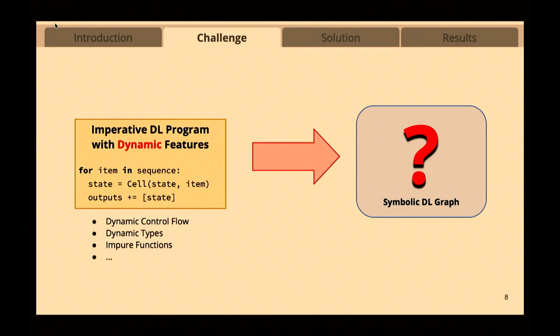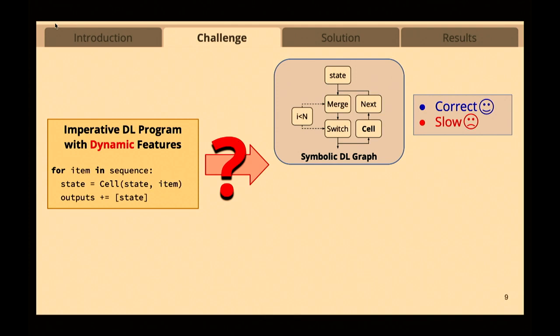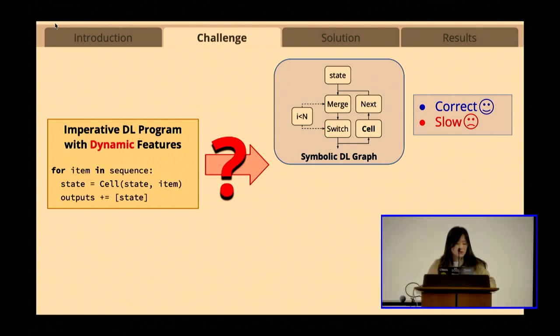Here we have a challenge, however. The conversion process is not trivial when we consider imperative programs written in Python with dynamic features like dynamic control flow, dynamic types, or impure functions. First, we could generate a graph that exactly follows the dynamic behavior of Python. For example, if we have a loop statement in Python, we may generate complex control flow graph operations.